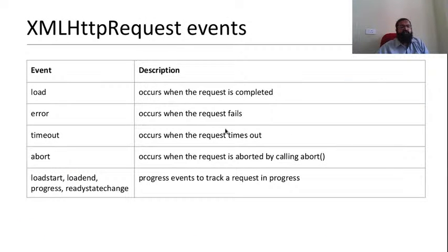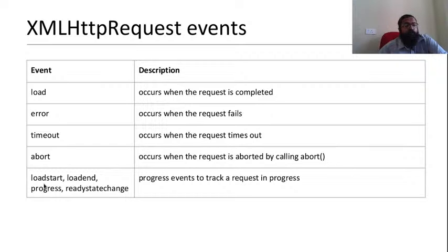Okay, so there are different XML HTTP request events. One is the load event, which occurs when the request is completed. Error occurs when the request fails. Timeout occurs when the request times out. Abort occurs when the request is aborted by calling abort.